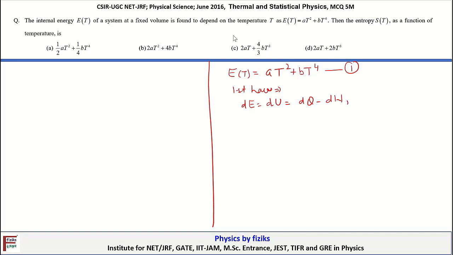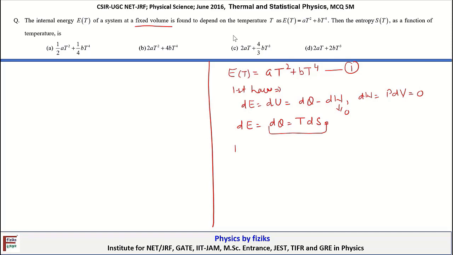Because it's given that the process is for the system at fixed volume, dw equal to pdv is equal to 0, so this term can be neglected. So the change in internal energy dE is equal to dq, and that is further equal to TdS, by making use of the definition from the second law of thermodynamics.